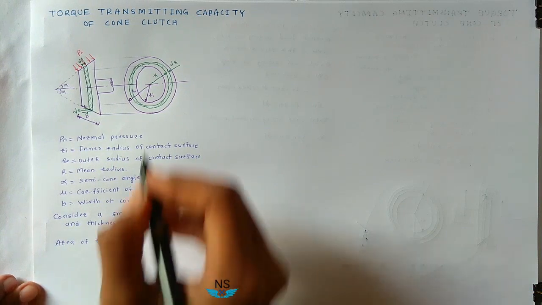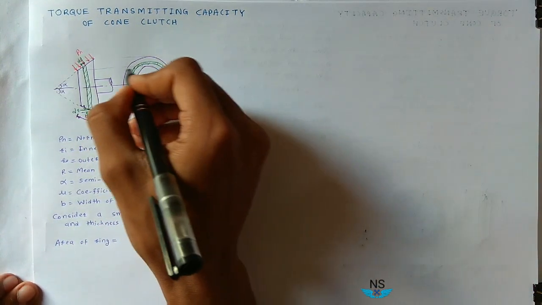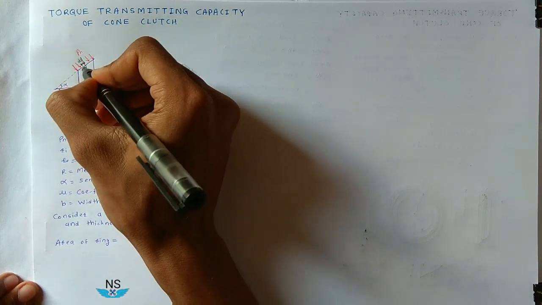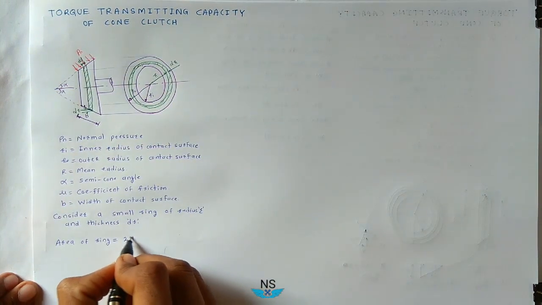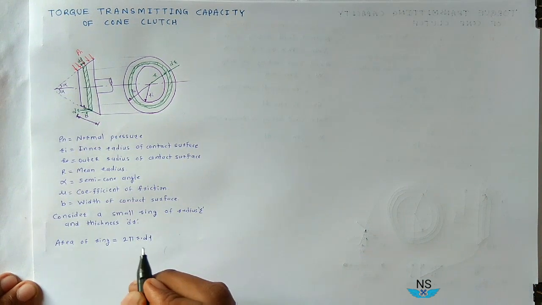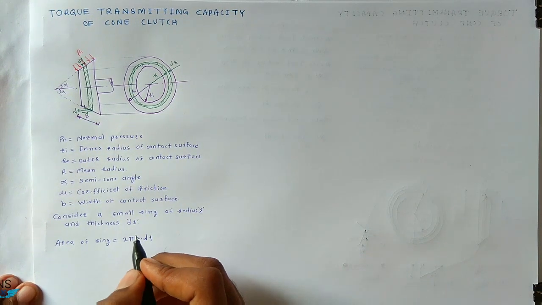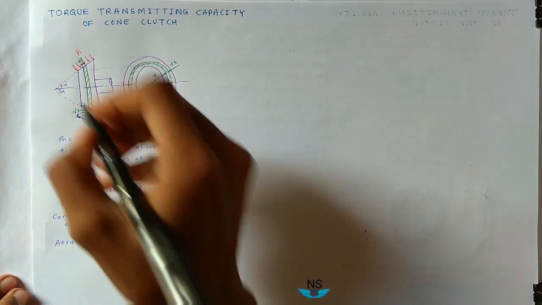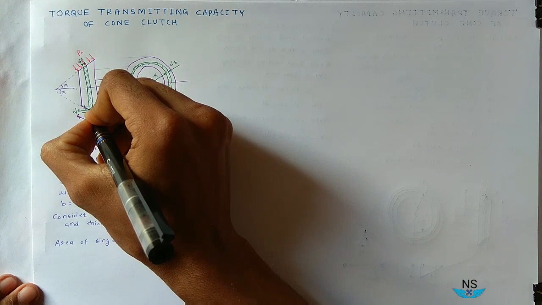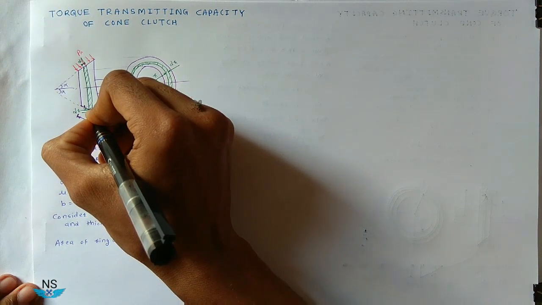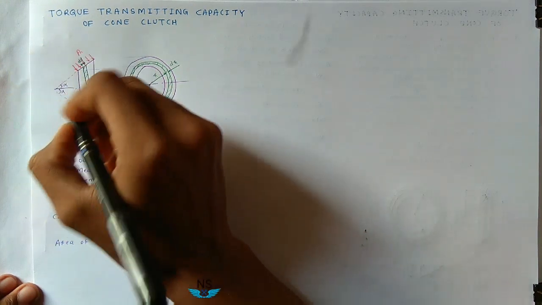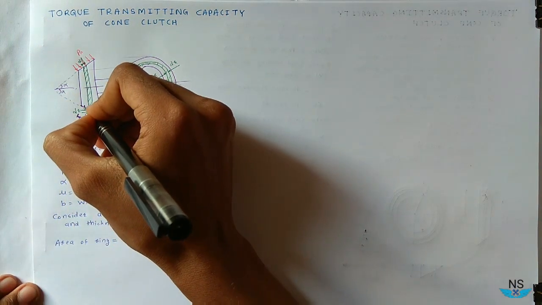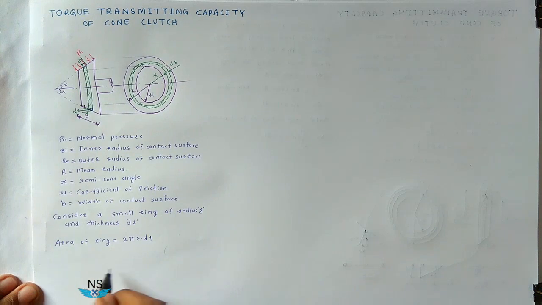So area of this ring is peripheral area, 2 pi r into this dl. Now we have to find the dl. If I consider this small triangle, one side of this triangle is dl and this side is dr, this angle is alpha.